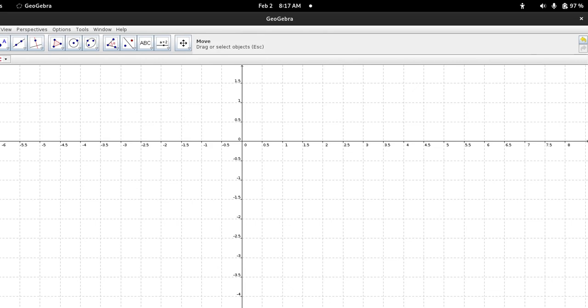So let me type in the equation. First equation, x raised to the power of 2 plus y raised to the power of 2 equals 1.